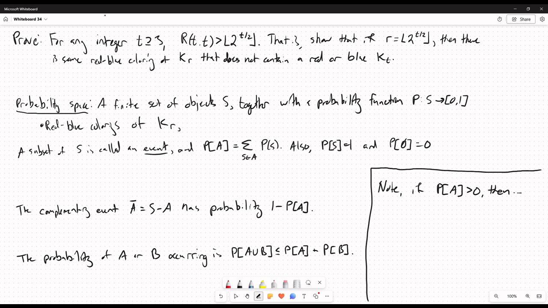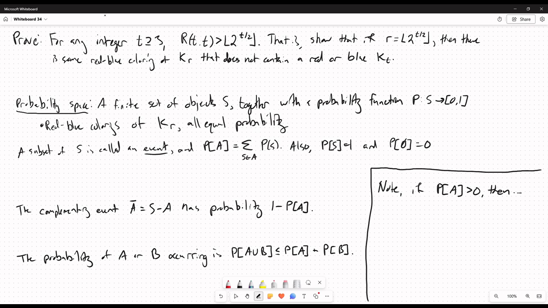All equal probability. How many red-blue colorings are there of K_r? Well, there's going to be r choose 2 edges, and then I have 2 choices of color for each edge.